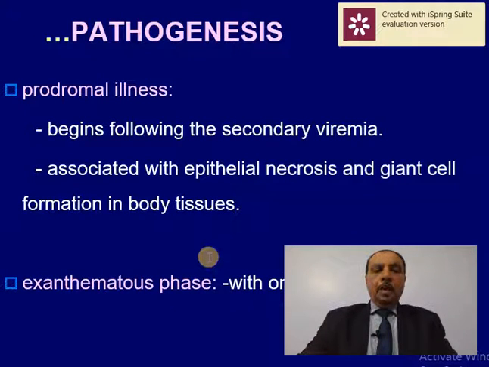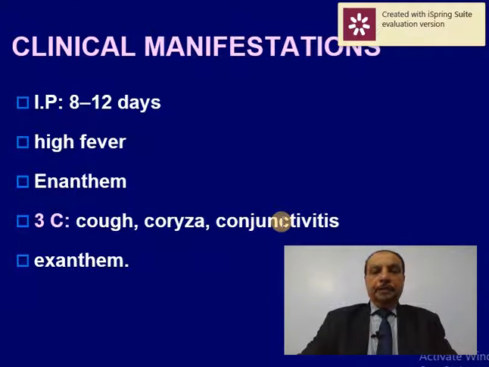The prodromal illness begins following the secondary viremia, and it is associated with epithelial necrosis and giant cell formation in the body tissues. In the exanthematous phase, there is onset of rash.